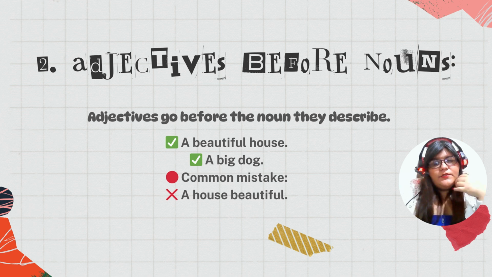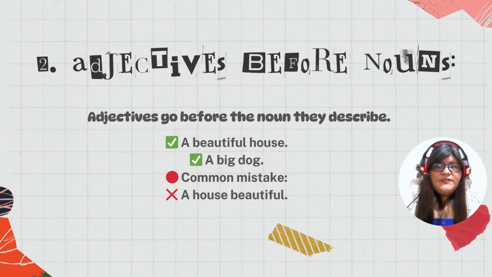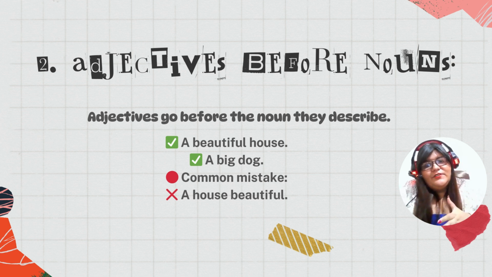Then we have here adjectives before nouns. Adjectives go before the noun they describe. For example, a beautiful house. What's the adjective? Yeah, beautiful. A beautiful house. A big dog. If you see here, the adjective comes before the noun.